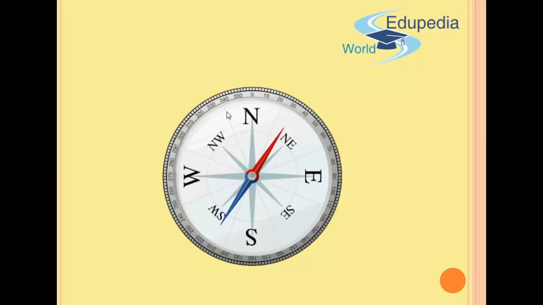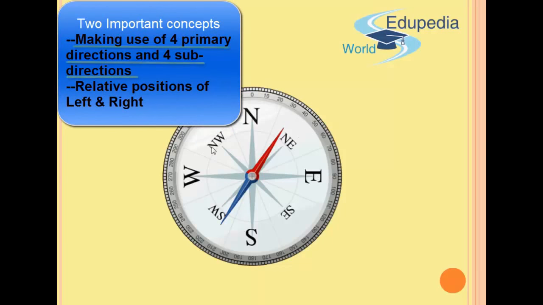So we will be making use of these four primary directions and the four sub directions, so all in all 8, and the relative positions of left and right. These are the concepts we need to solve questions on direction sense.